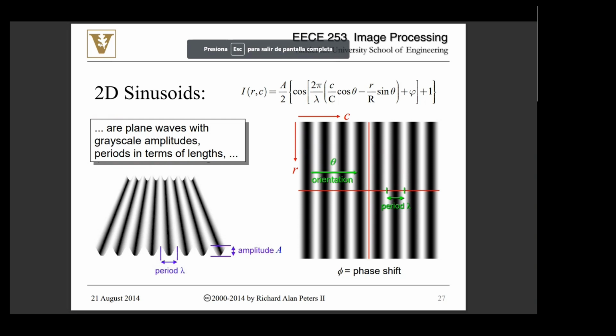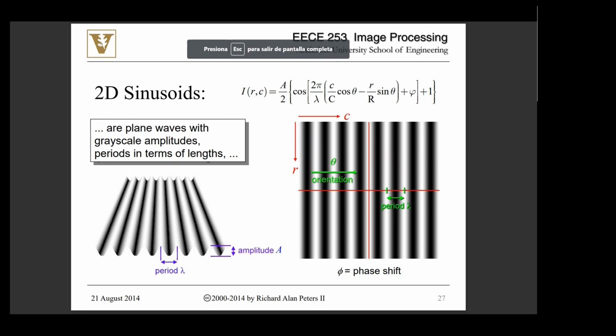As with one-dimensional sines, they will have an amplitude, a period, and a phase. The phase is not represented in this diagram, but it will shift the wave to the left or to the right.